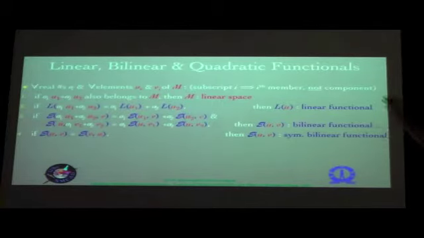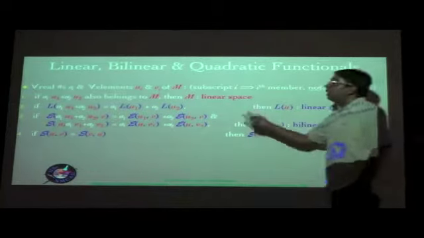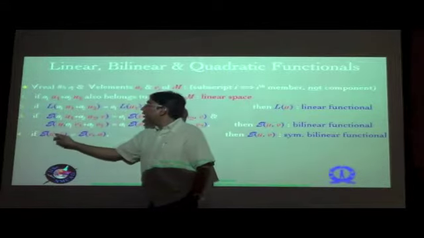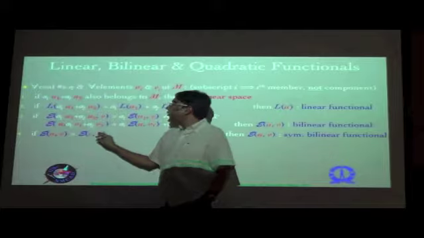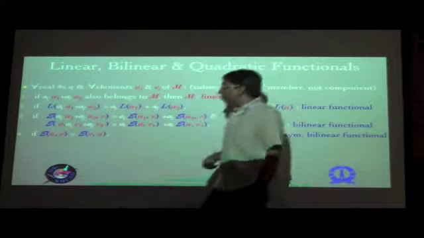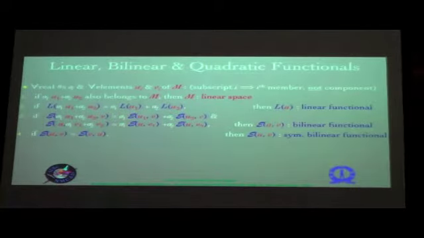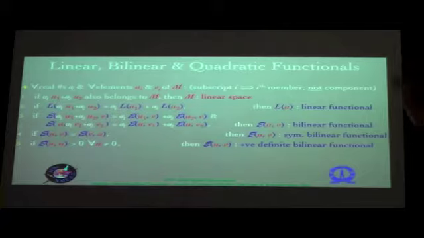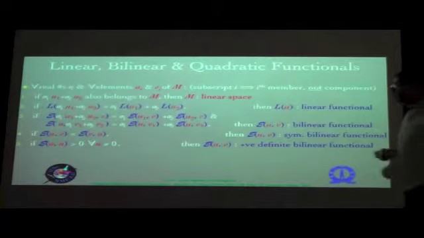Next, we have some specific cases of a bilinear functional. What we call a symmetric bilinear functional is when you can interchange the two arguments that it has. So E of u comma v will be equal to E of v comma u. Next, we introduce the concept of positive definiteness, which is again something directly relevant to the strain energy function that we will have.